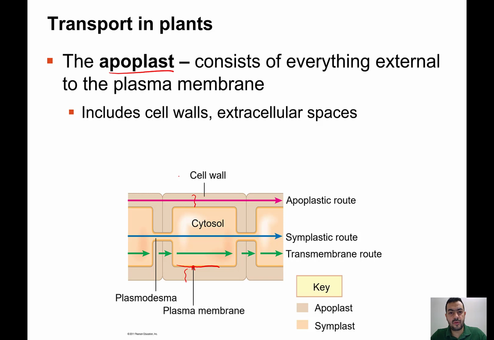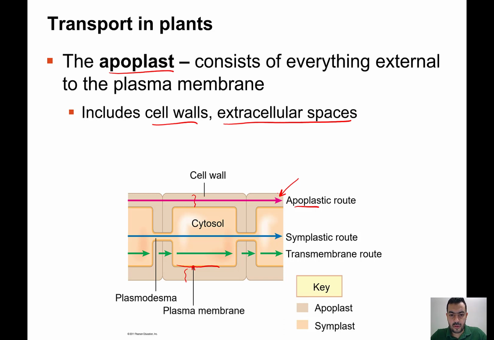Therefore, transport taking place outside of the plasma membrane is called apoplastic route of transport. So this involves the cell walls and the extracellular spaces. As shown here in this fuchsia arrow, we have apoplastic transport taking place outside of the cell membrane.